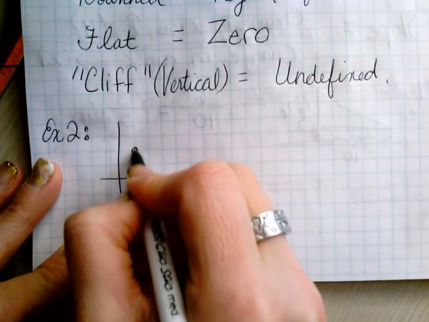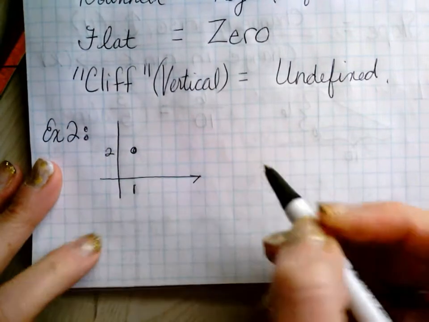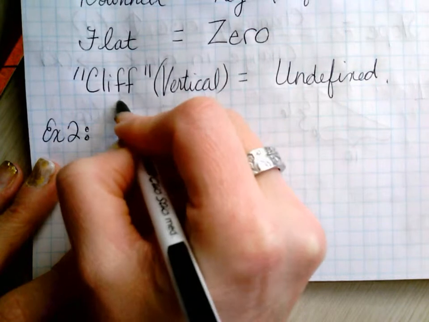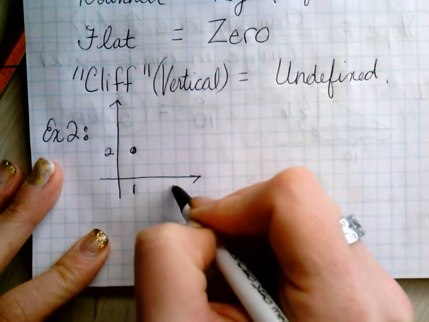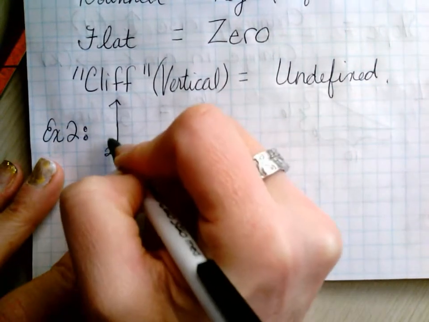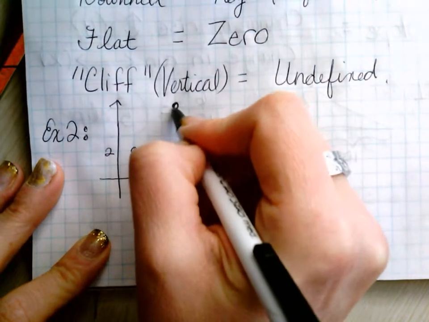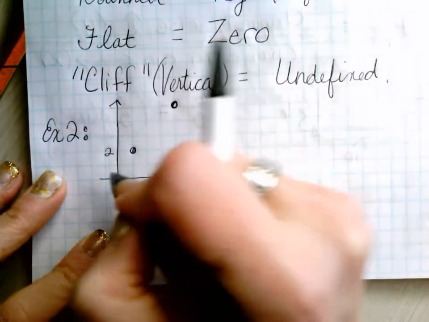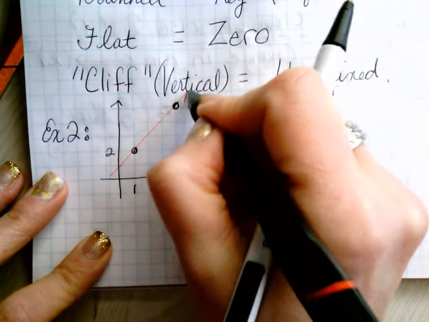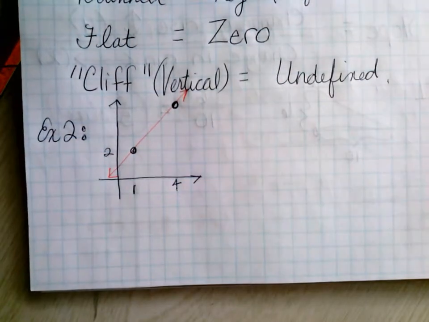Over 1, up 2. There's your 1, there's your 2. Over 4, up 5. Okay? This is the line representing those points.